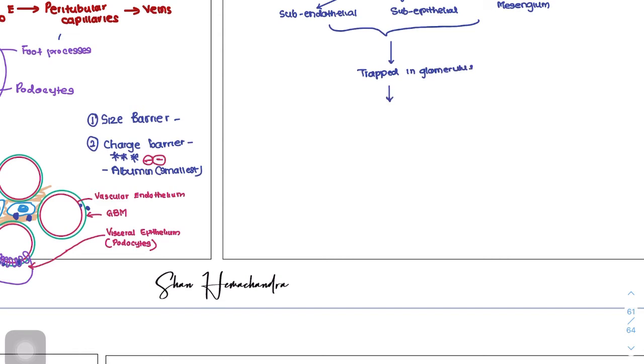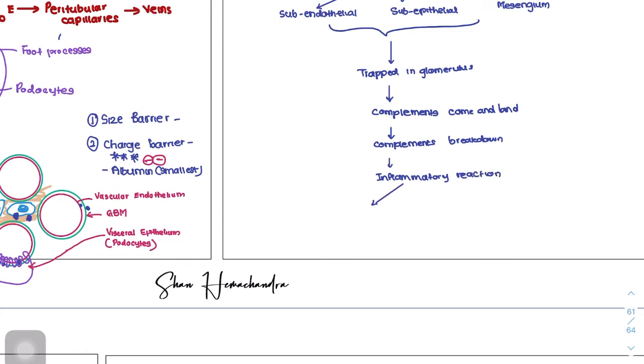And to these antibody complexes, complements will come and bind. What are complements? These are defense proteins that circulate in our blood and are produced by the liver. And what happens then? The complements break down. This will start off an inflammatory reaction. What happens during an inflammatory reaction?